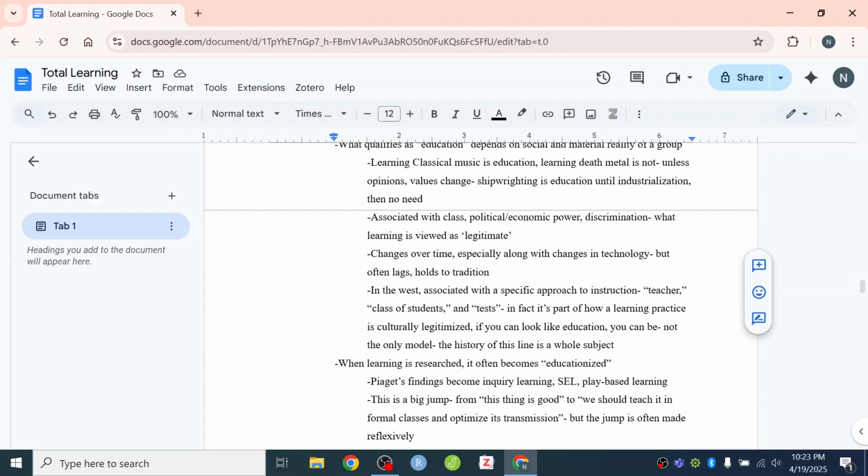There's a big jump from, hey, this thing is good and helps lead to development, to we should teach it in formal classes and optimize its transmission, but that jump is often made reflexively. Jean Piaget famously was not really a huge fan of interventions based on his work. He said, I'm just describing how people develop. Why are you trying to optimize it?